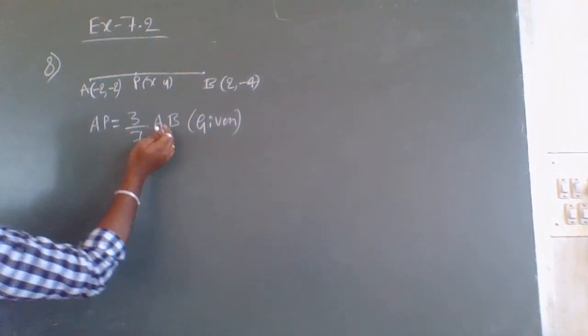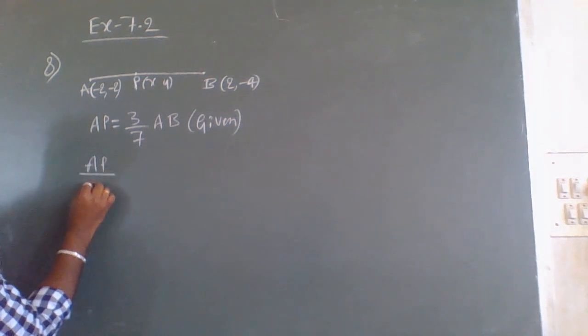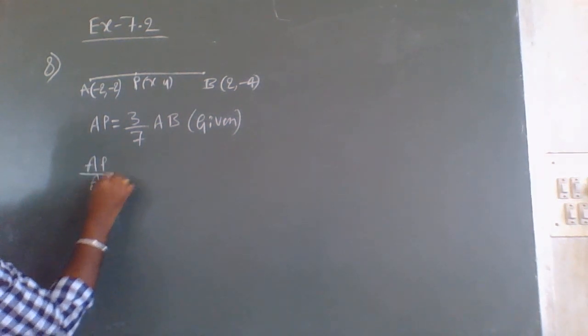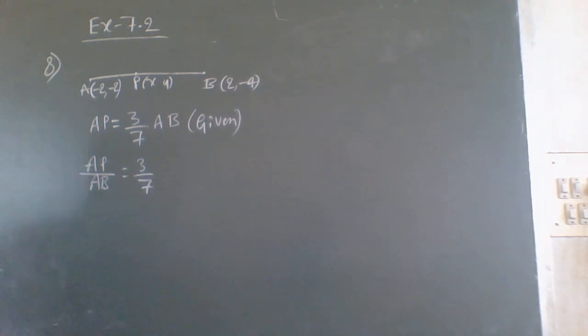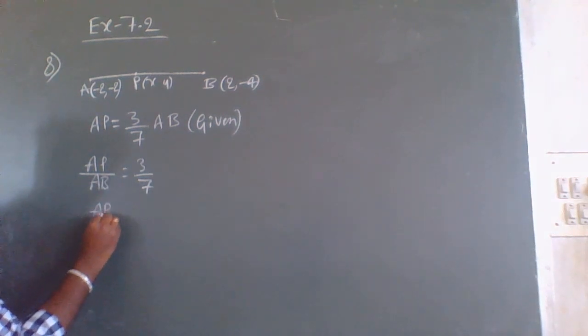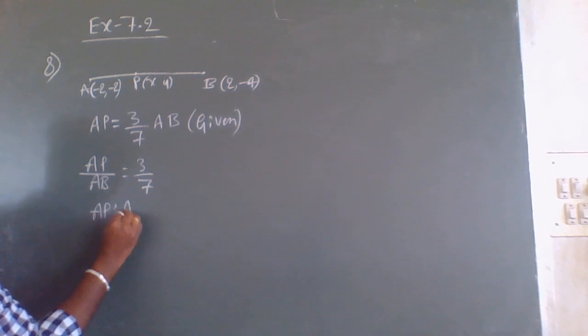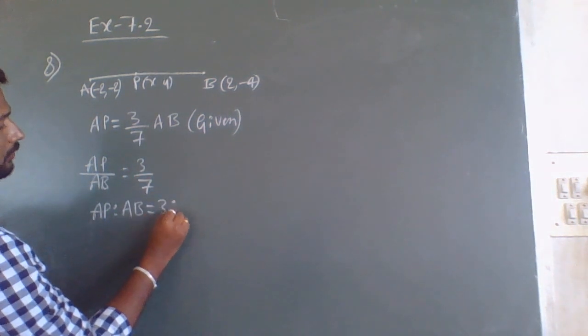So here I will take this AB to the left hand side, so it becomes division. AP by AB is equal to 3 by 7. So here what it indicates: AP is to AB equals 3 is to 7.